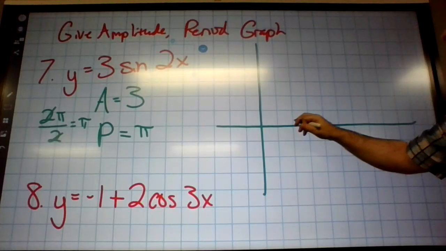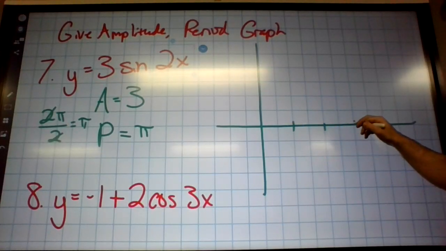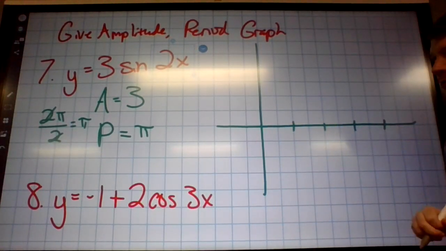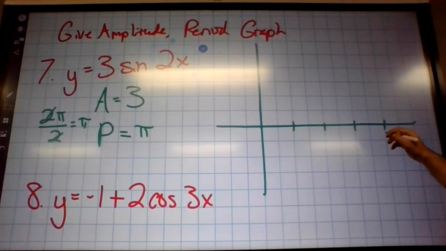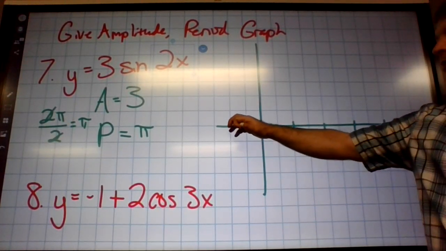Okay, so the easiest way to do it is make 4 marks. If you want to make them really close, that's fine. And the 4th mark, you make your period. We'll put 1 going backwards.